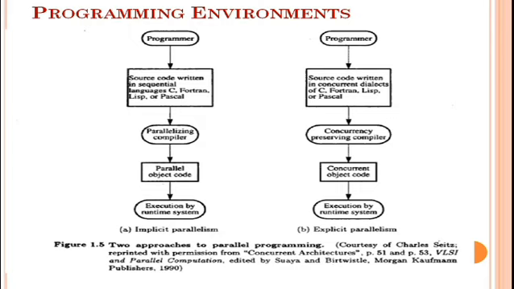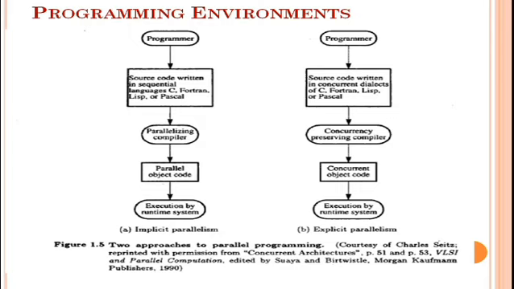So now coming to the two types of parallelism, one is implicit parallelism and the second one is explicit parallelism. An implicit approach uses conventional languages such as C, C++, Fortran, or Pascal to write the source programs. The sequentially coded source program is translated into parallel object code by a parallelizing compiler here, as shown in the figure.